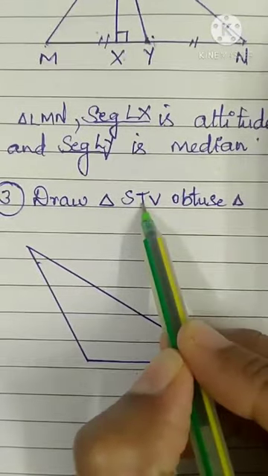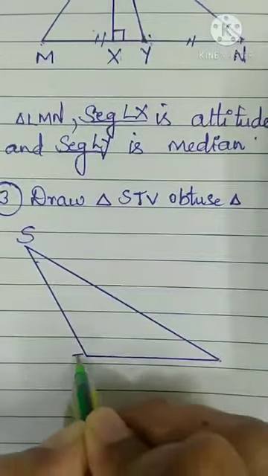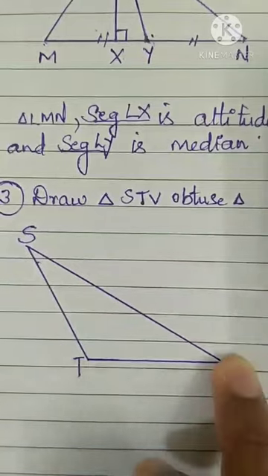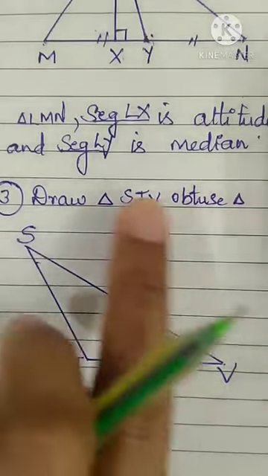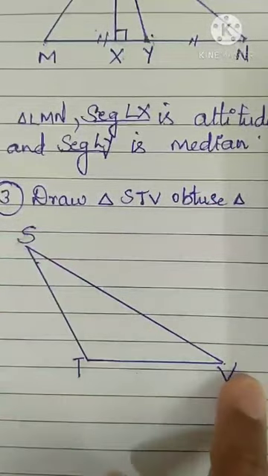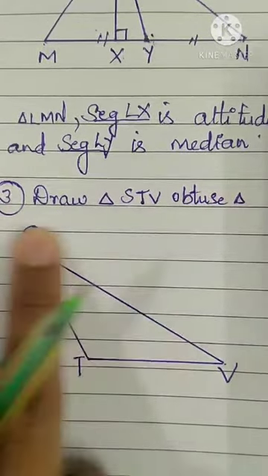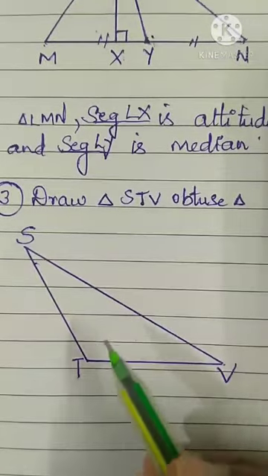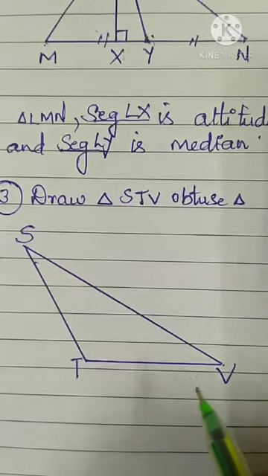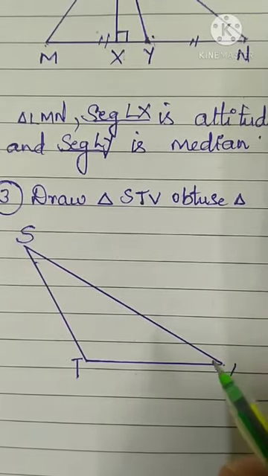They have asked us to give the name, so we have to give this name, STV. It can be anti-clockwise or clockwise. I have done anti-clockwise. If you want, you can write STV clockwise. So we have the triangle STV, an obtuse angled triangle, and we will show the medians.